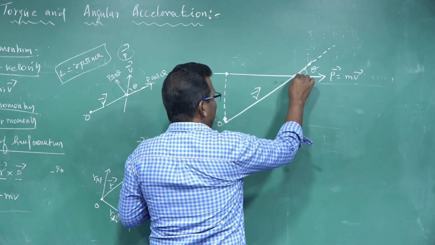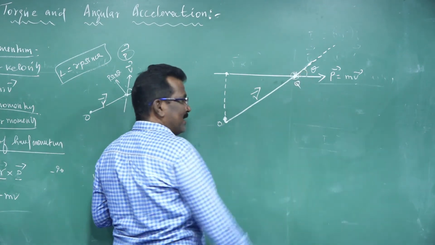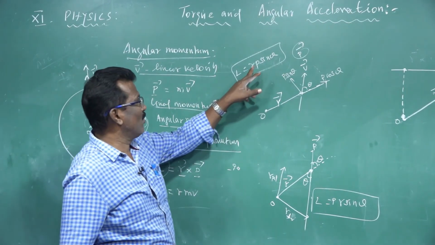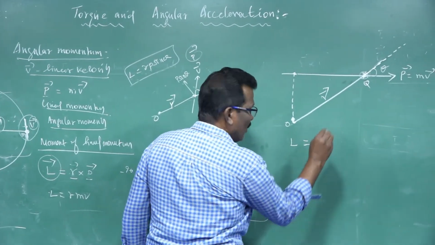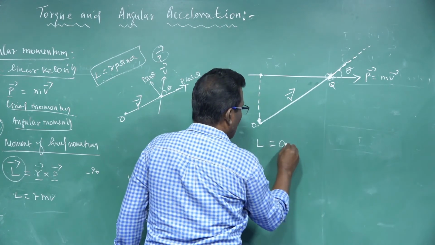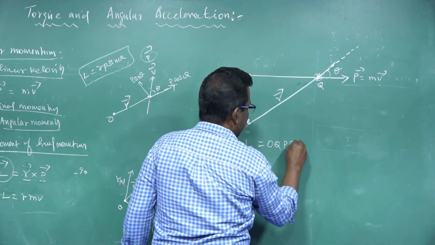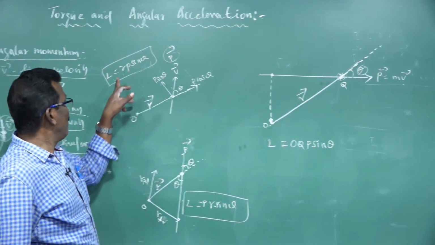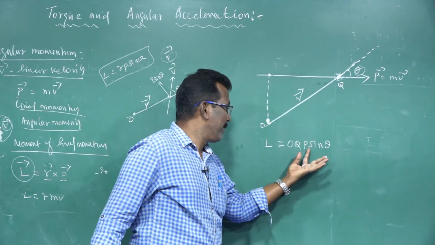How do we calculate the angular momentum at this instant? We know L equals r cross p, or L equals r p sin theta. The angular momentum L is the product of the position vector OQ and the momentum p sin theta, since the angle is not 90 degrees but theta. So L equals OQ p sin theta.